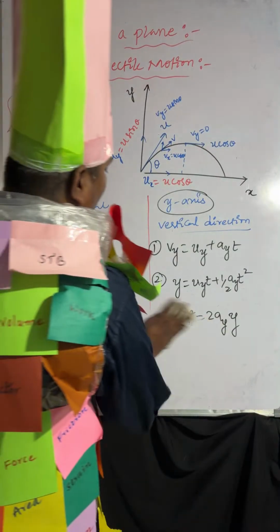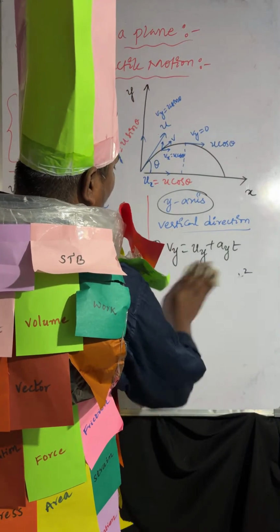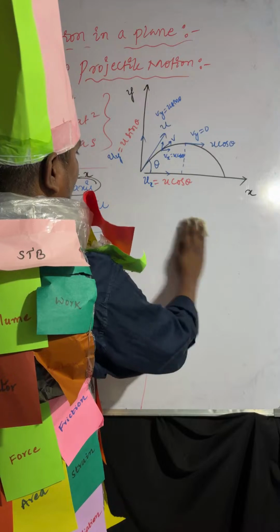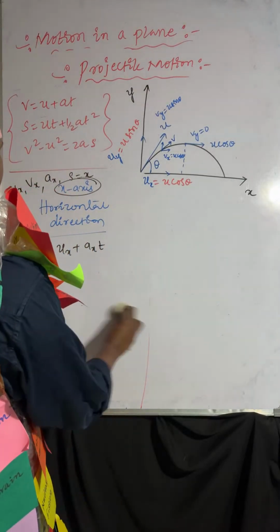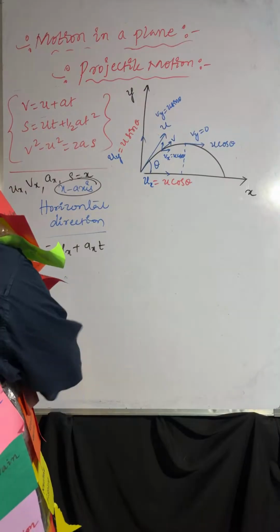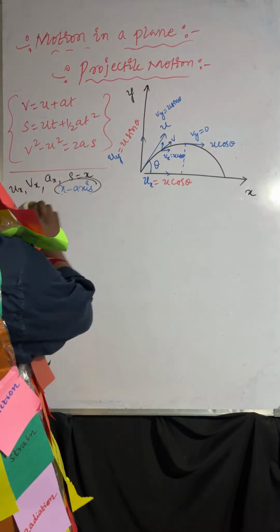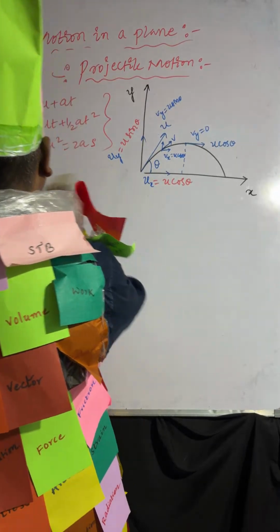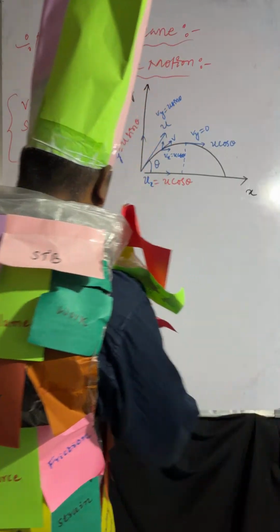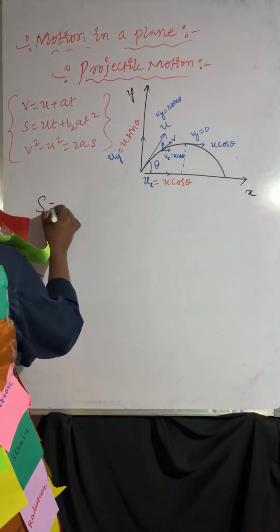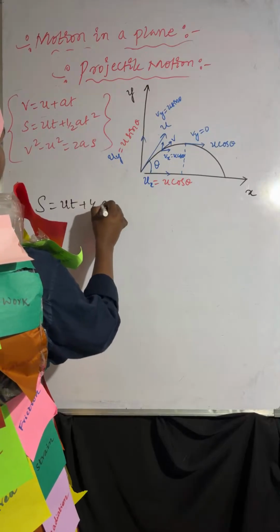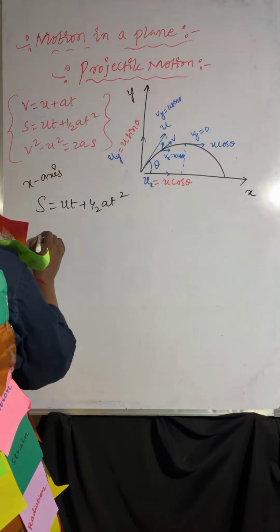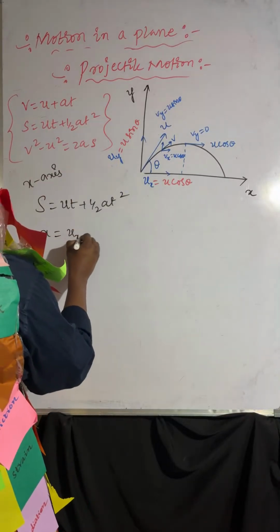Now we can take s equals ut plus half at square. Along the x-axis, x equals ux t.